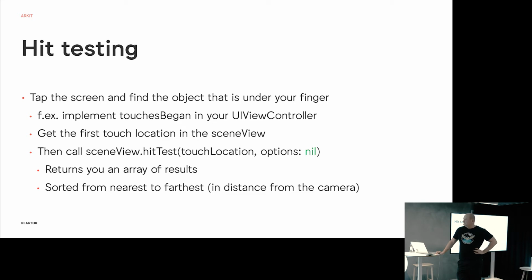Then get the first touch location in the scene view, and then just call hit test. It returns you an array of results, and they're sorted fairly logically: if I would touch something here, you'd be the first one it returns, and it's sorted sensibly from the camera onwards.